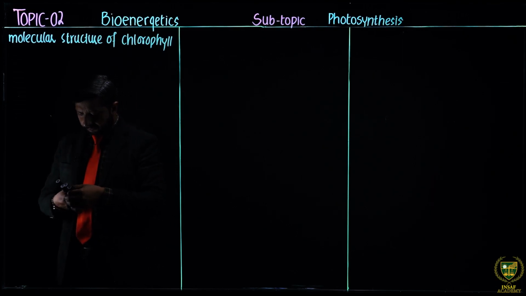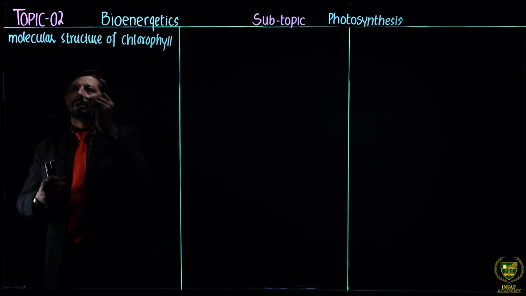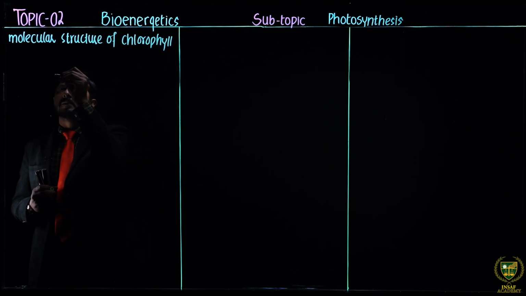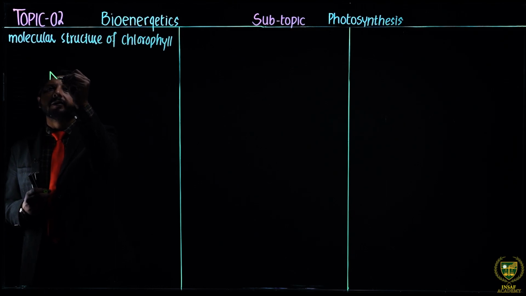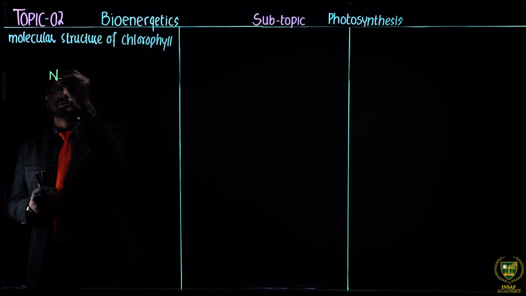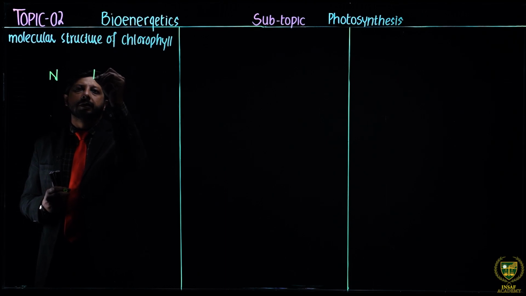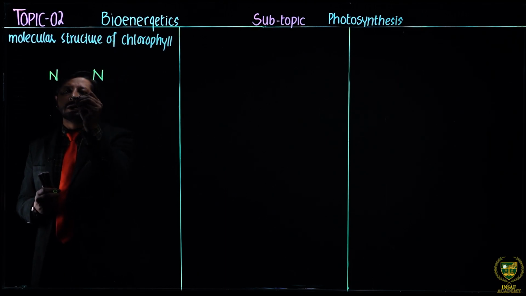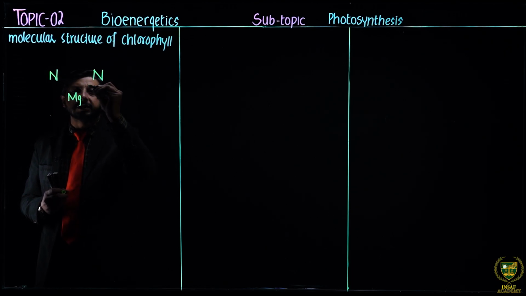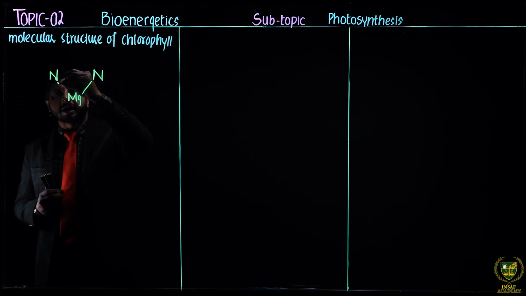It consists of four pyrrole rings, the porphyrin head, and the central atom is magnesium.